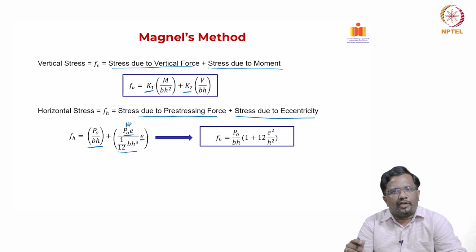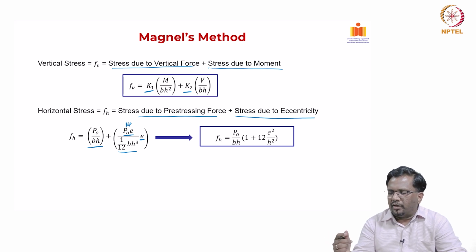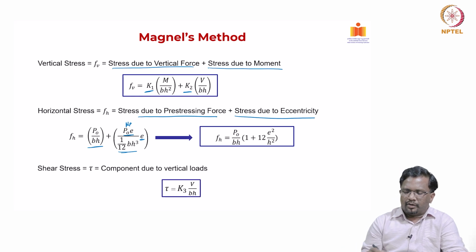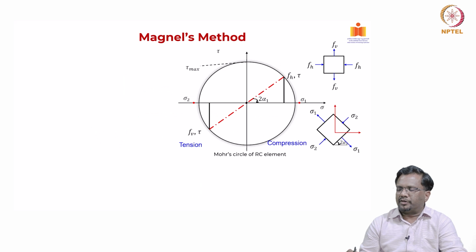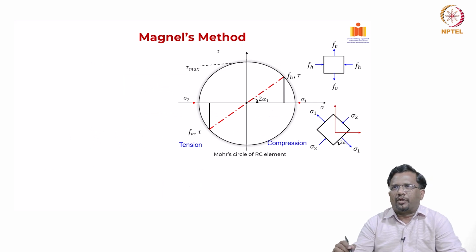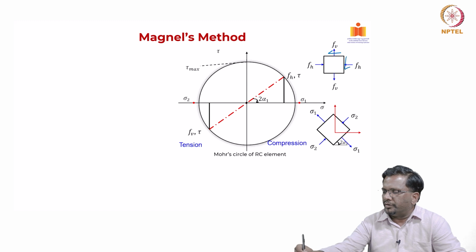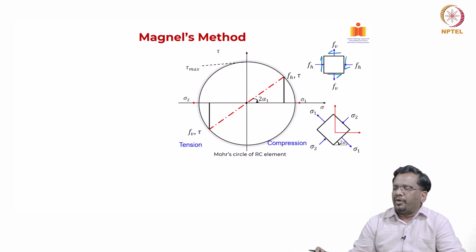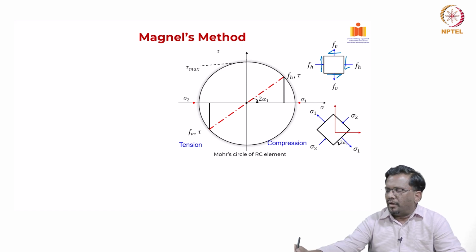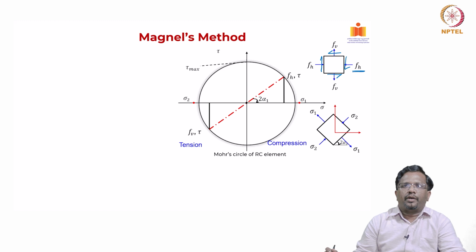In this way I can get the vertical stress and the horizontal stress in an element, and the shear is K3 into V by b h. Of course, you will have shear also. Like this I am able to get my normal stresses on this element.